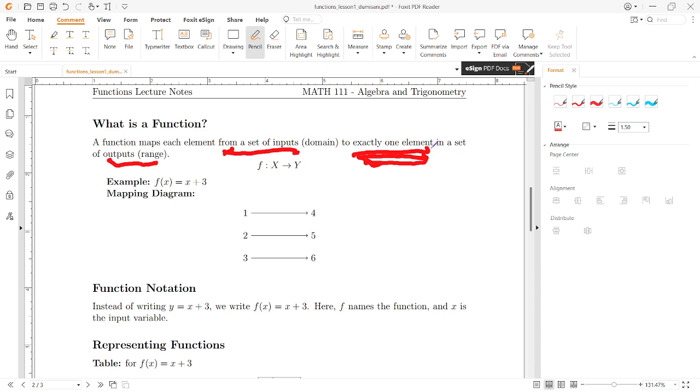So we have to have exactly one element in the output that corresponds to a particular element in the input. So please take note of that.